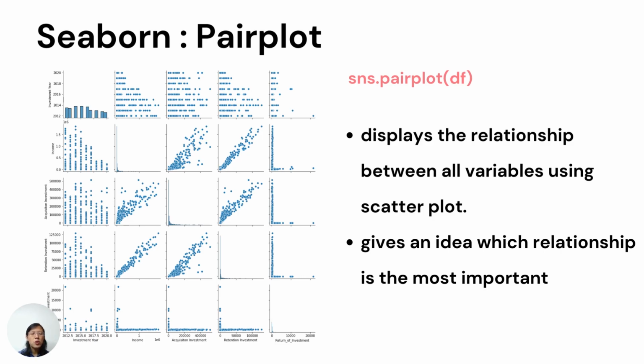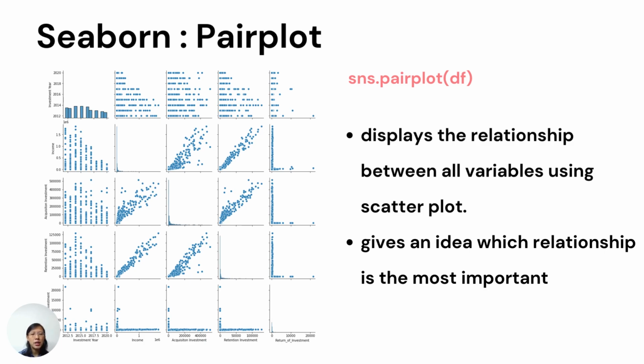For data visualization, for exploratory data analysis or machine learning, the relationship between variables is something we will always want to study. For this, the Seaborn pair plot gives us a very easy way to display the relationship between all variables using the scatter plot.